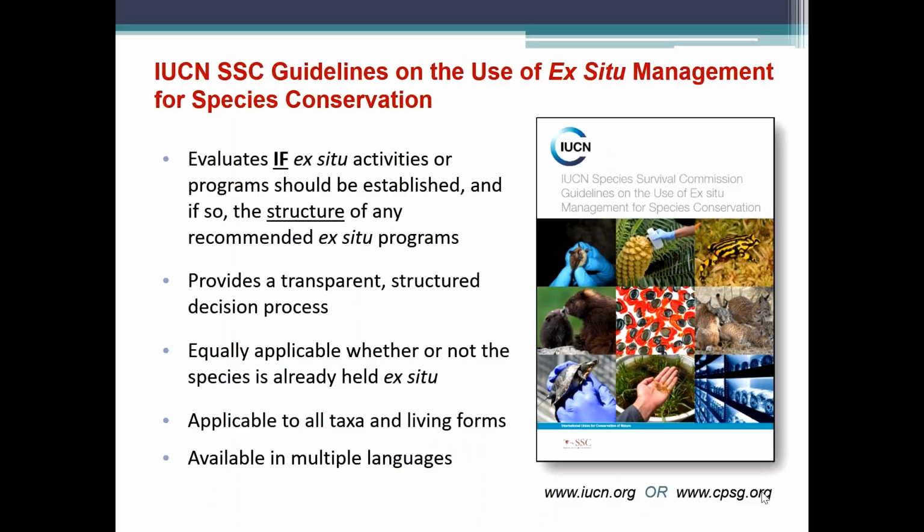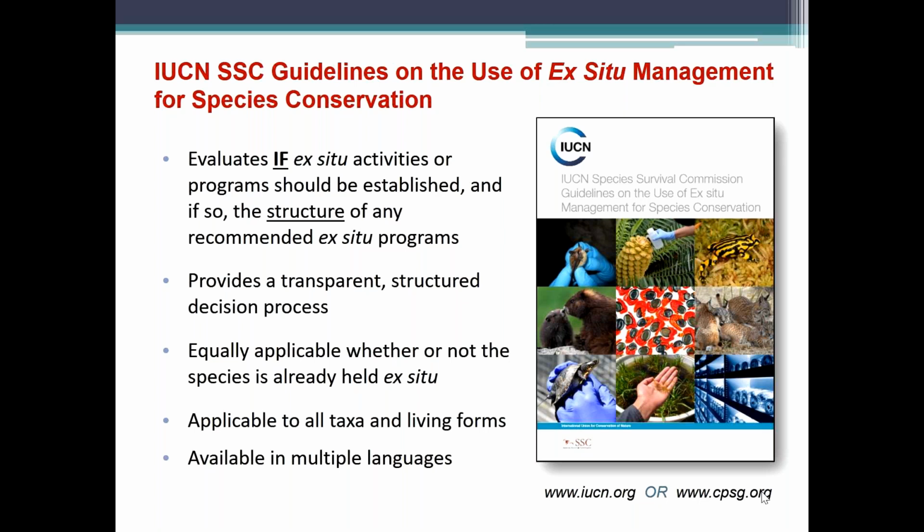So the main tool here, if you're not familiar with these, is the IUCN SSC guidelines on the use of XC2 management for species conservation. These guidelines can be found in multiple languages, both on the IUCN website and also CPSG's website, and they outline a decision-making process that helps evaluate if XC2 activities or programs should be established for a species, and if so, what the structure of those programs might be to be most effective for conservation.